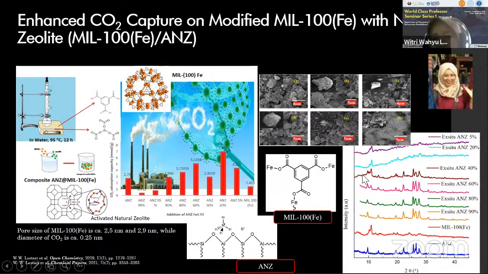And what's interesting here is that even though the crystallinity is not really so high, because we synthesize this MOF by a green method in water, the presence of amine groups and also unsaturated metal centers in the MOF will catch the carbon dioxide and can increase the absorption capacity.